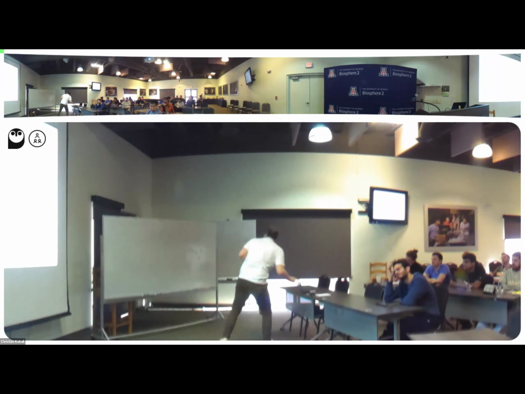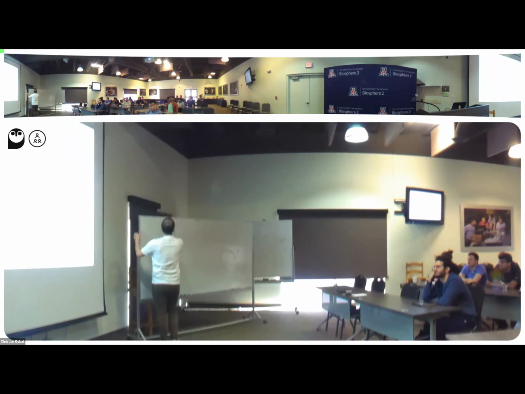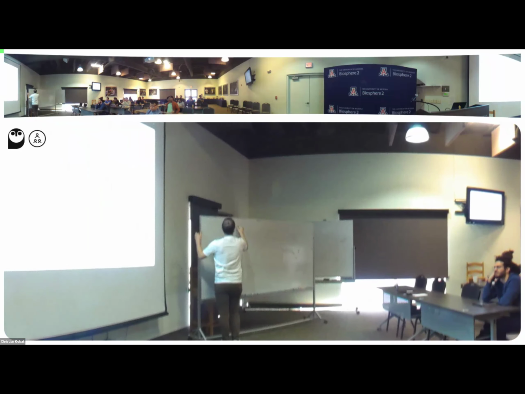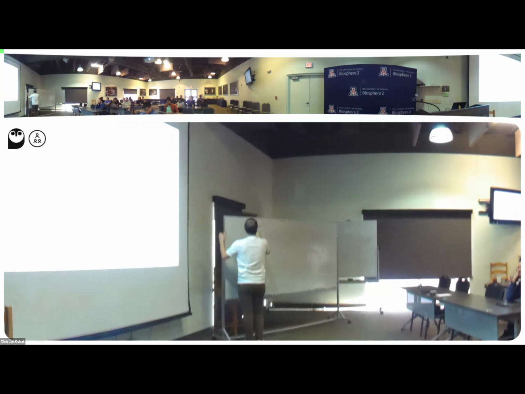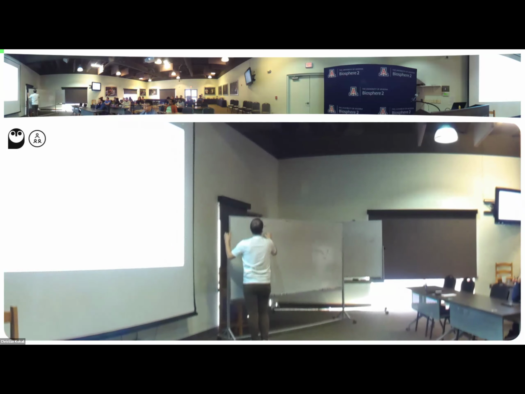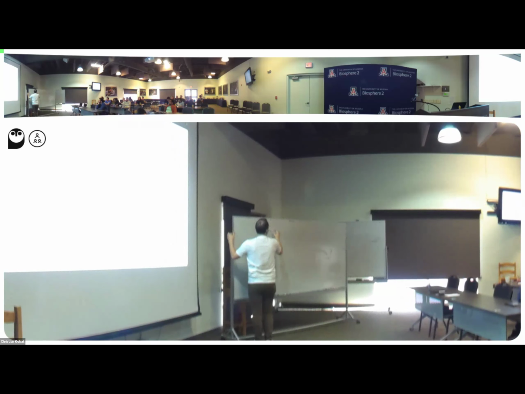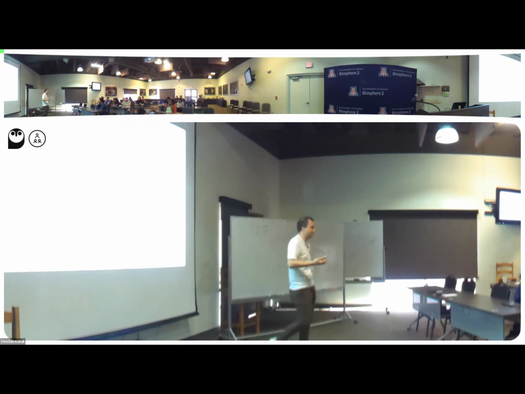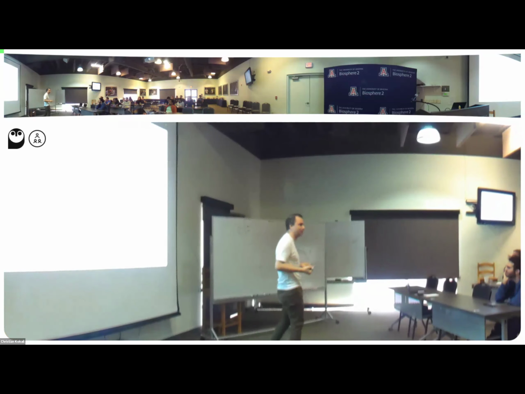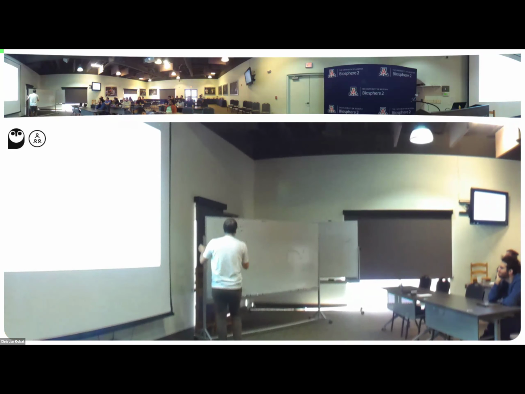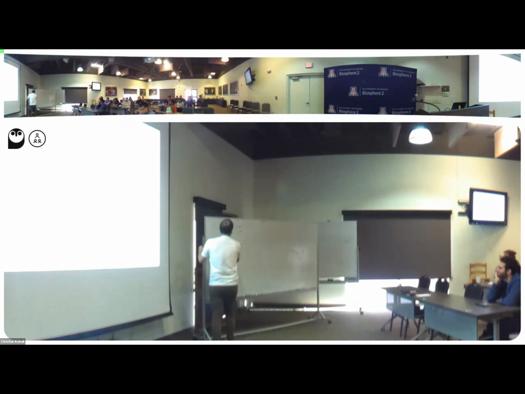Okay, so we define our logical operators, X logical and Z logical. How can we operate? Can we now do arbitrary single qubit gates with this? Can we rotate this thing on the Bloch sphere?